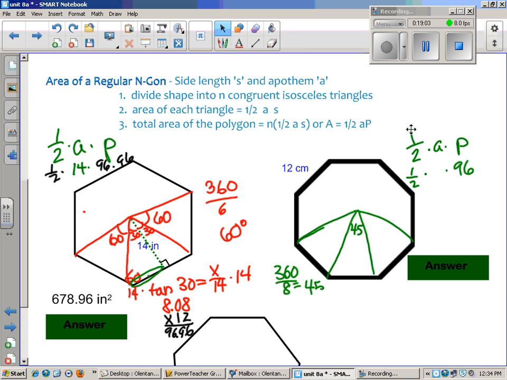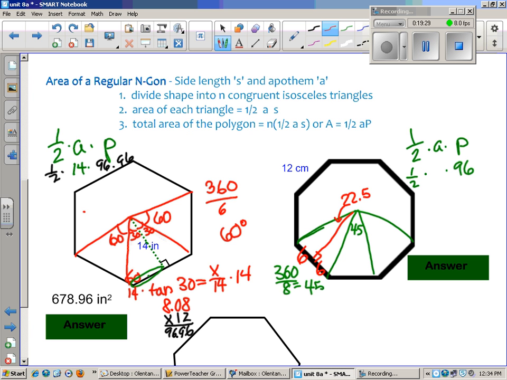And I draw in my apothem. So each side would be what? 22 and a half? Good. And each piece of this side would be 6 and 6, right?